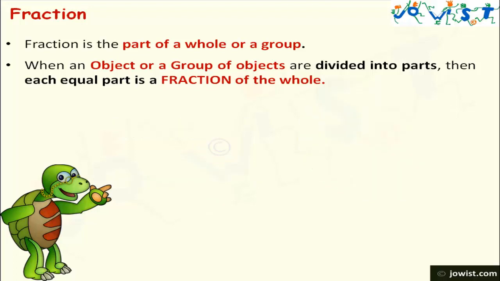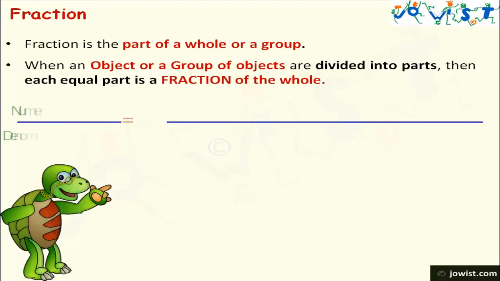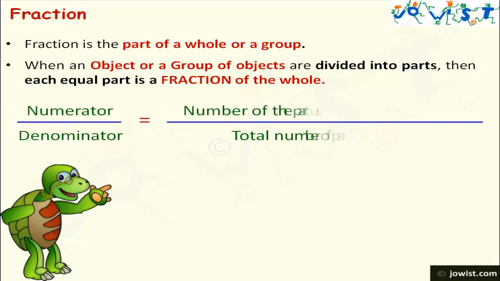Let's understand the concept of numerator and denominator. Numerator is written on the upper part and denominator in the lower part of the fraction. Numerator is the number of the parts used or referred, and in denominator we write the total number of parts.